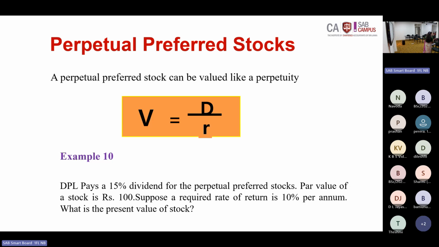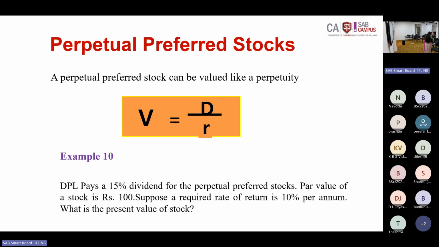Then we came to the share valuation. It includes two components: preference share valuation and ordinary share valuation. Ordinary share valuation is based on the dividend discount model and price multiples. For the dividend discount model, based on the holding period as well as the dividend growth rate, we can identify the valuation techniques.